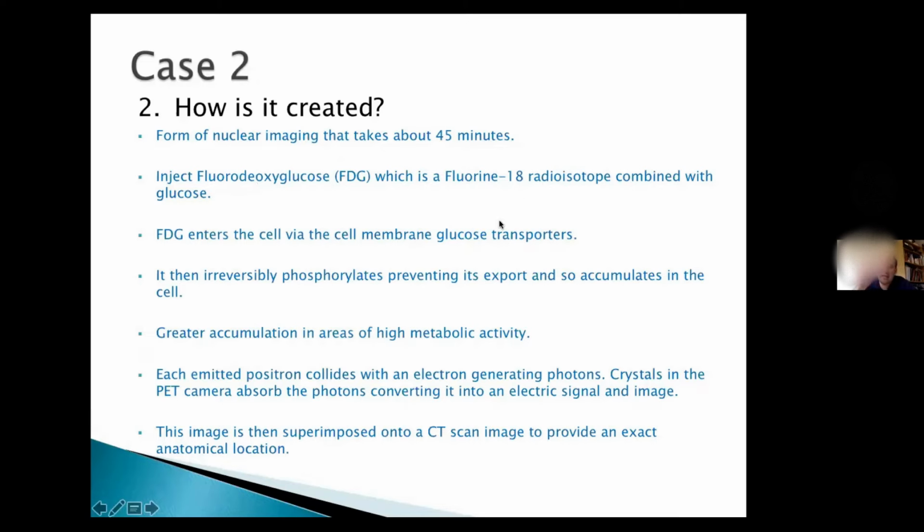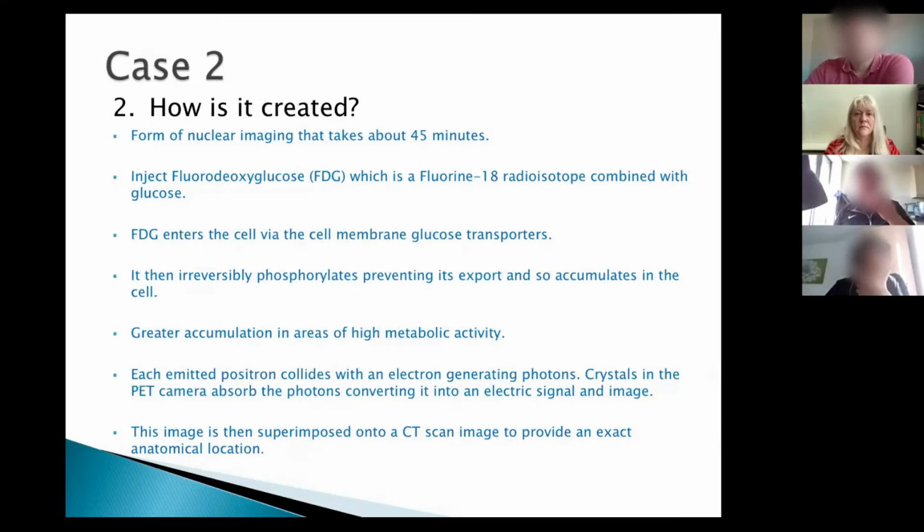That's combined with the glucose, and it's this that's taken up by areas of high metabolic activity. The cells carrying out high metabolic activity, wherever they might be, take this up, and they undergo irreversible phosphorylation, so they accumulate within the cells. They can't be exported. So you've got this radioactive isotope that's then emitting positrons.